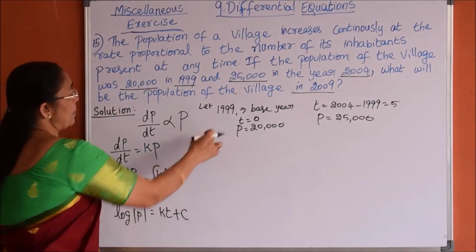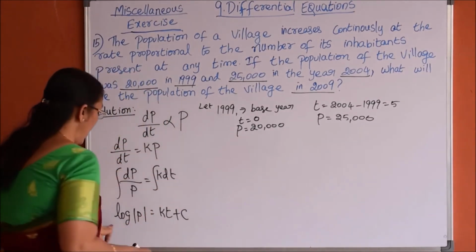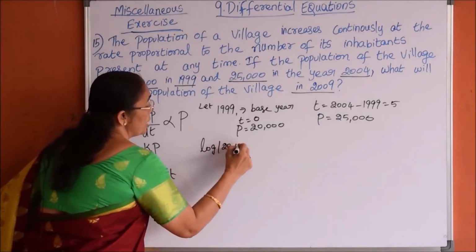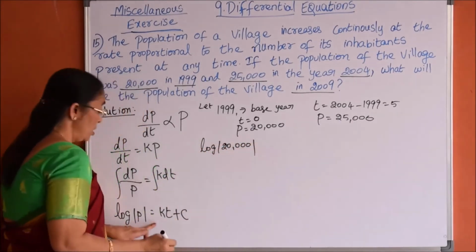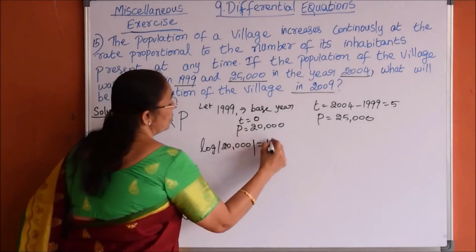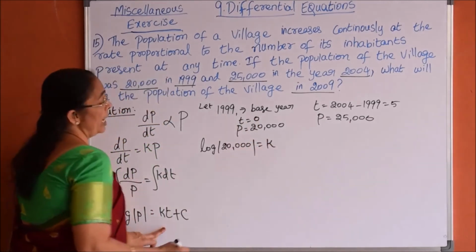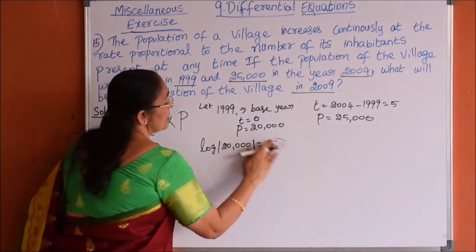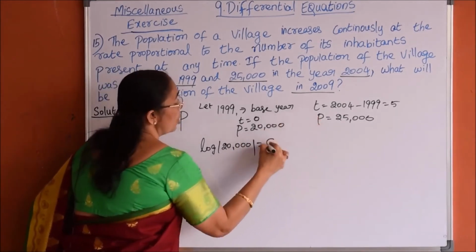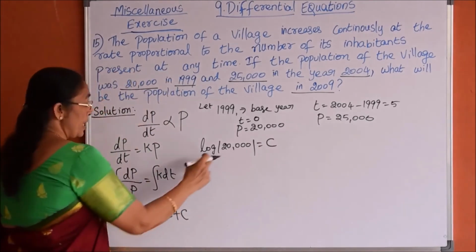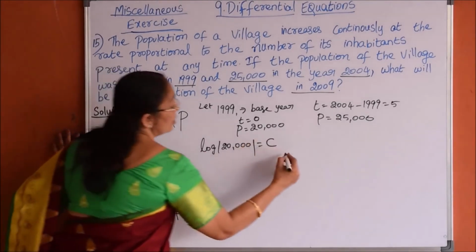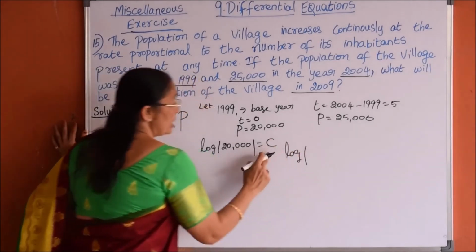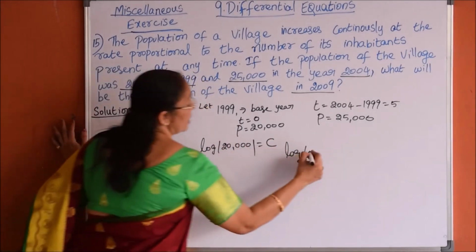Now, let us substitute this t value and P value here. Log mod 20,000 is equal to k into 0, so k times 0 is 0, plus c. So we got the c value, c is log mod 20,000.